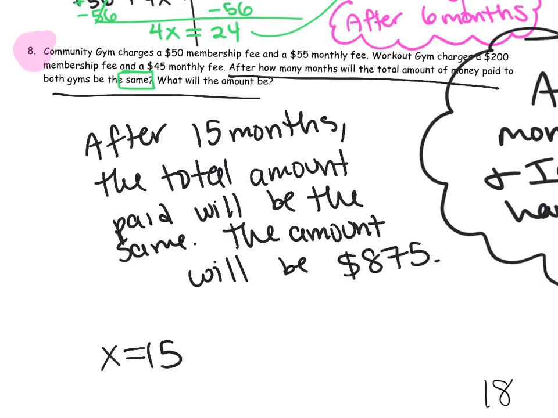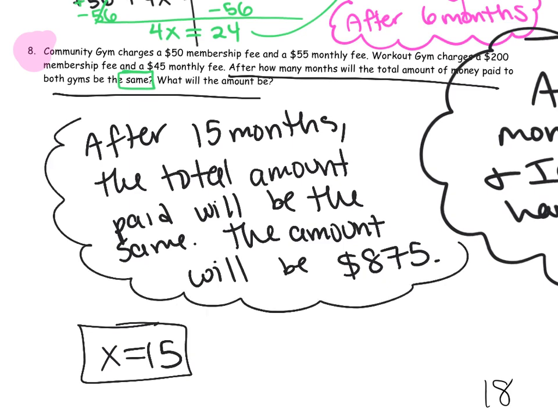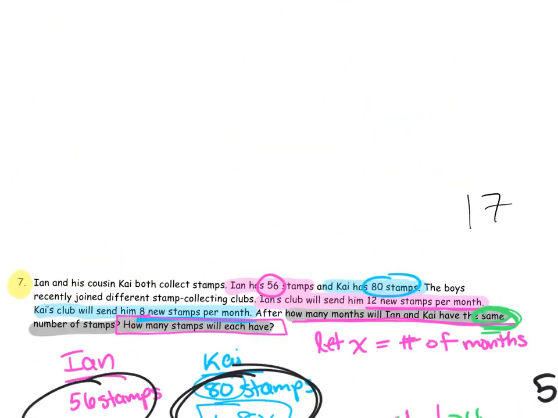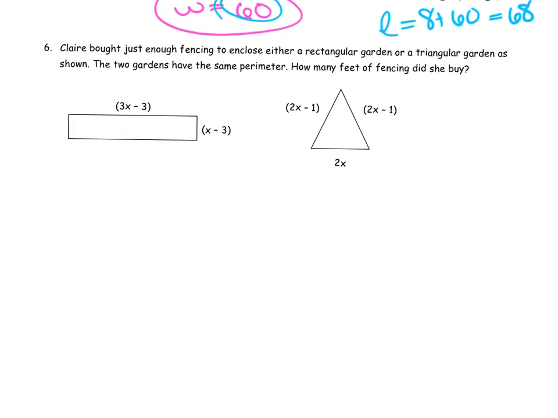That is your formal write-up. So once you guys solve this, you should end up solving for x to be 15. Plug it back into one of your equations, and this is your final answer written up. You need an explanation. So after the 15 months, the total amount paid will be the same, and that amount will be $875.